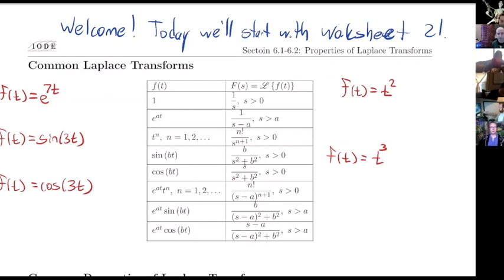The idea is you want to read things carefully. Some questions say, use the definition, derive the Laplace transform, and then you would go through that process that we went through last week. Others will just say, using the table and properties, find the Laplace transform. That's what I was asking for in these problems.